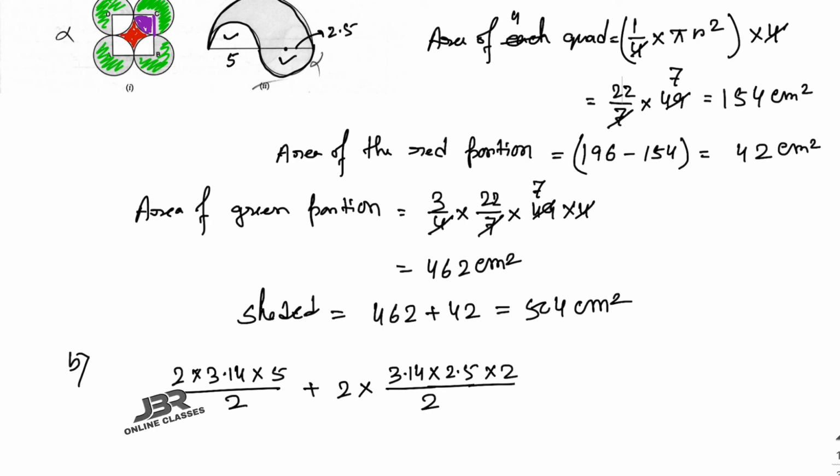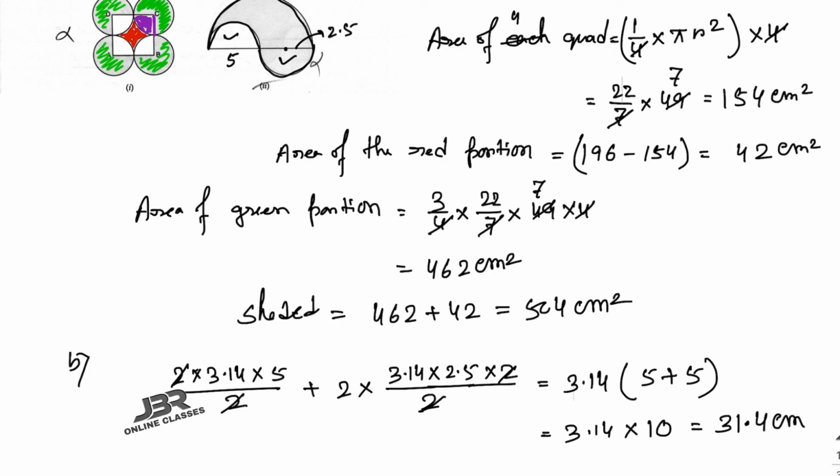So now 2 cancels out here, here also 2 cancels out, so that means 3.14 common, so here 5 plus 5. So that means 3.14 into 10, so 31.4 centimeter is your first answer.